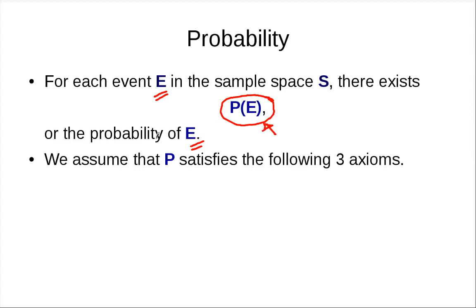Previously we talked about P through a simple model, like we have a bag and we pick an object from the bag.